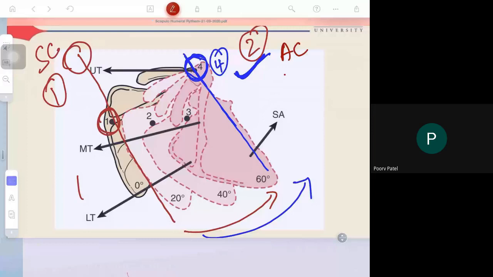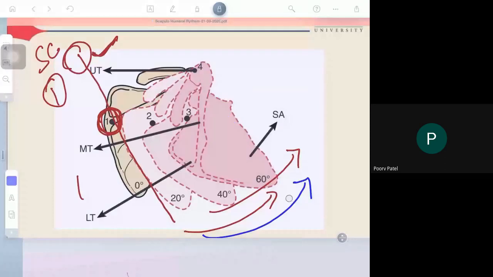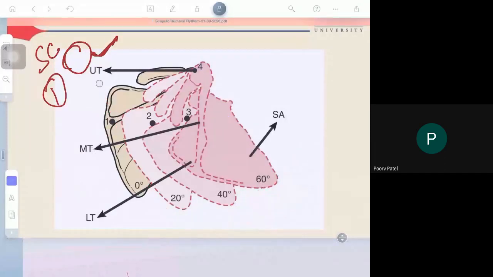When the axis passes through the root of the spine, then predominantly the movement is occurring in the sternoclavicular joint. When the axis is passing through the acromioclavicular joint, the rotation movement predominantly occurs in the acromioclavicular joint. Did you understand? Yes, sir. Okay.